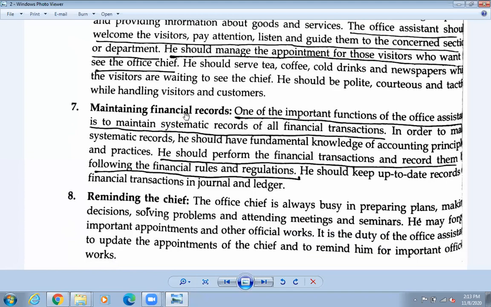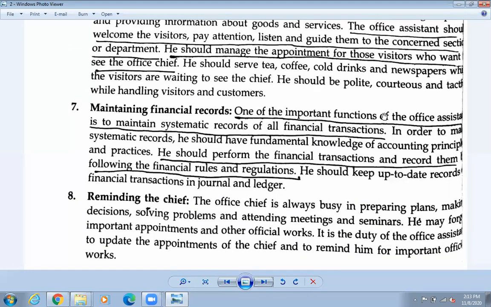Maintaining the financial record: sometimes you need to maintain the financial records, what transactions are coming in and going out. Rules and regulations of accounting must be there. One of the important functions of the office assistant is to maintain, and whatever underlined words are there, just write those in your notes. Please write down 7 points for this one.